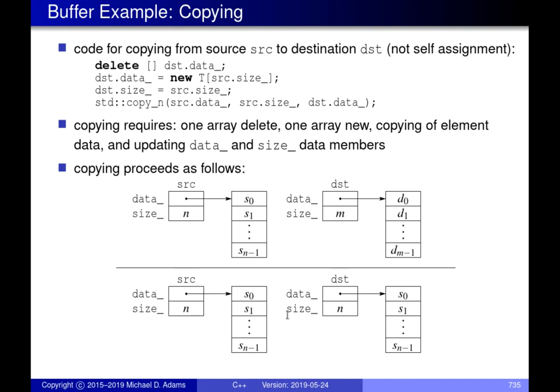Effectively, for the copy operation to work, we want to make sure that the data in this buffer here is in this buffer after all is said and done, after we've done the copy. So what would we have to do to make sure this happens? Well, we would have to invoke the destructors for all of these objects here, get rid of them. Actually, I think I said it was a character buffer, so there are no destructors being invoked.